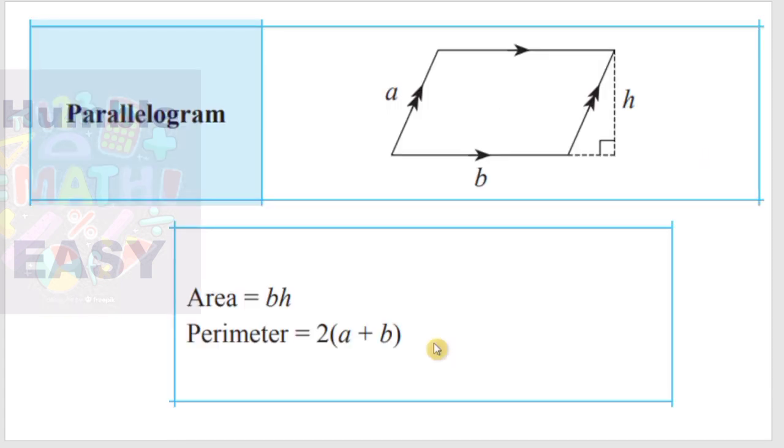Now, based on this figure, we're dealing with the parallelogram, and take note that a parallelogram has both pairs of sides parallel, represented by A and B. Then we have the height H. The area of a parallelogram is base times height, and the perimeter is twice the sum of A and B, the side values.